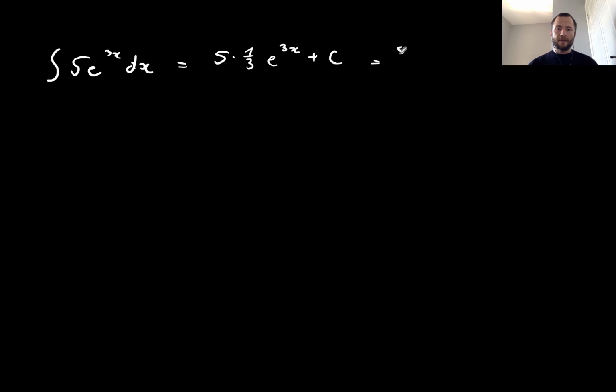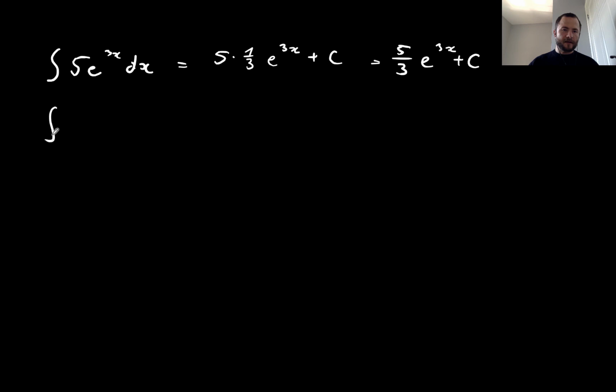Simplifying it, we're going to get 5 over 3 e to the power of 3x plus c, and that's the resulting integral.